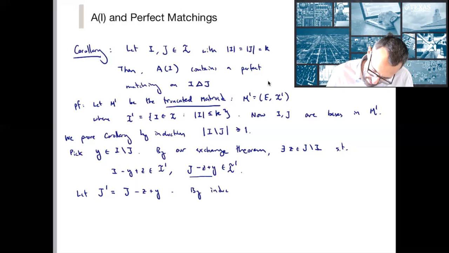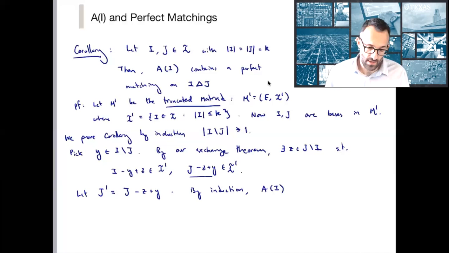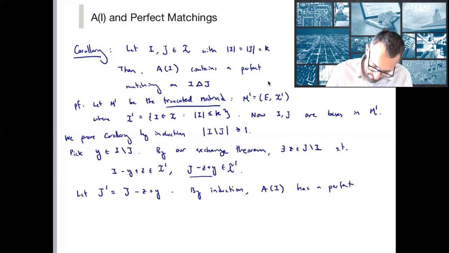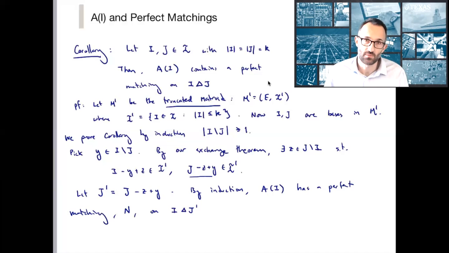So by induction, the edges in A of I have a perfect matching. Let's give it a name. Let's call it N, on the symmetric difference of I and J'.